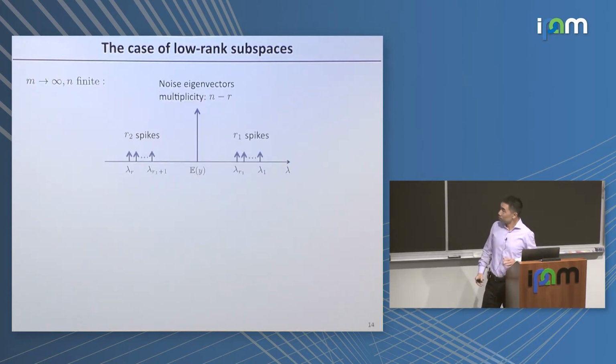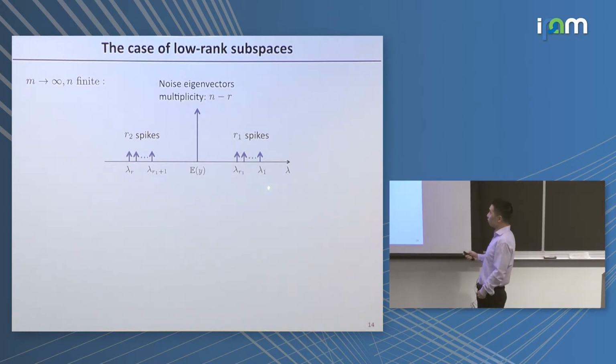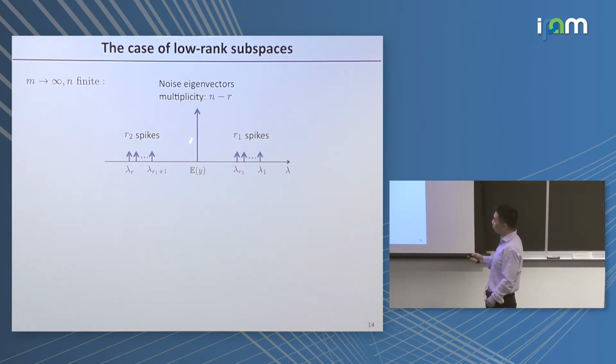All right, so the idea of the rank R case is similar. If you look at the expectation matrix, you see that the majority of eigenvalues is equal to a constant. That's the bulk, but with a few spikes coming out that carry information. But of course, that's the regime where the number of samples is very large.